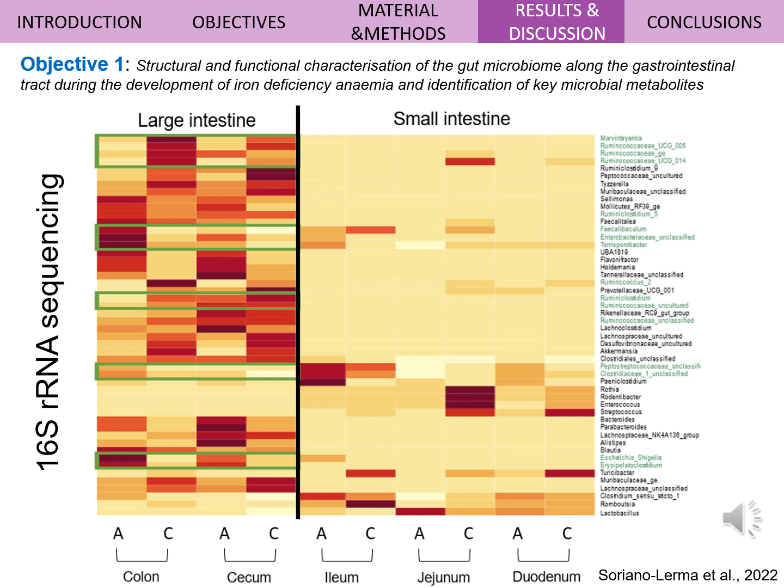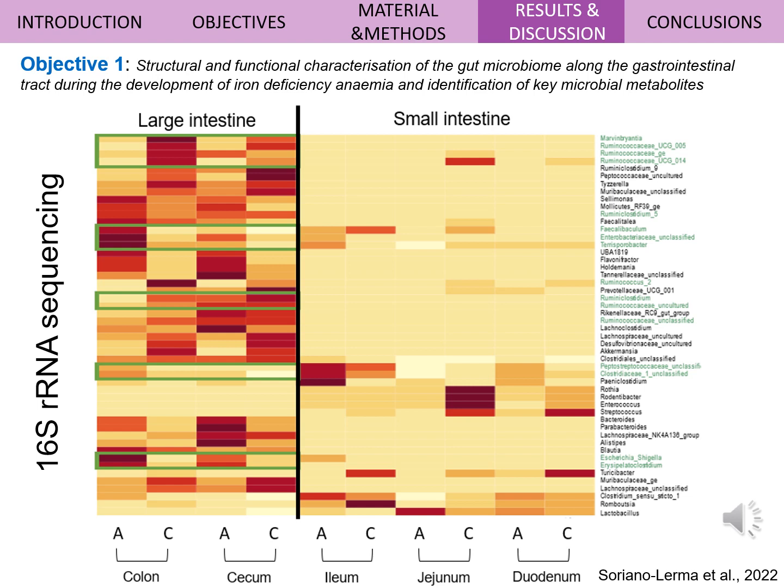We represent all intestinal regions and both experimental groups, anemic represented with an A and control represented with a C. So we can observe that there were no differences in relative abundances in most of these genera in the regions belonging to the small intestine, while there were differences in most of these genera between the anemic and the control group in the regions belonging to the large intestine.